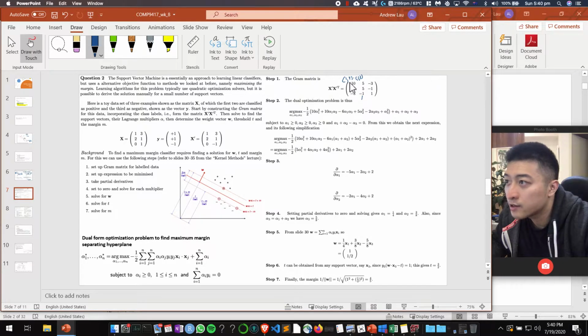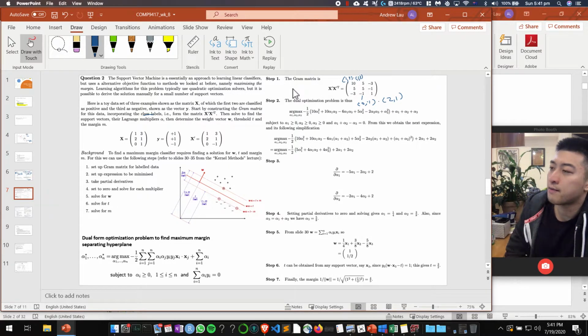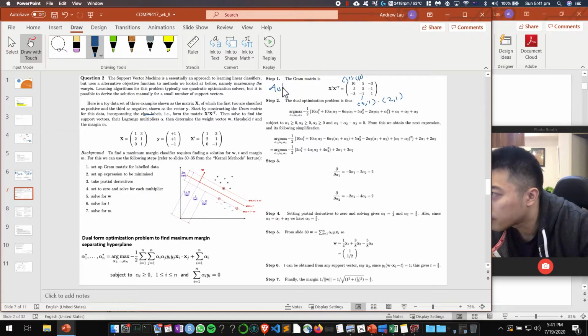Say this one here was (3, 2). So the dot product of this and this. But of course, you have to incorporate the class label, so you multiply these through. So this one will be (0, 1), but then you have to multiply the negative through, dot (2, 1), which of course is negative 1, etc. So the gram matrix just gives you the dot products of everything.